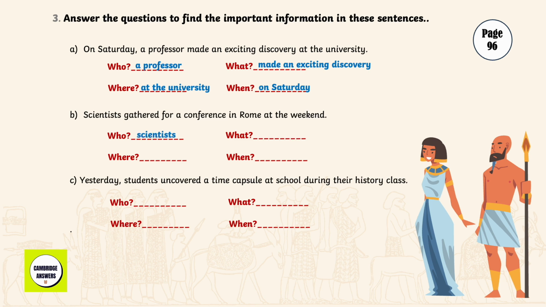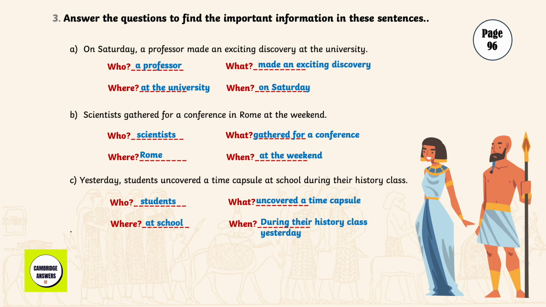Who, scientists. What, gathered for a conference. Where, Rome. When, at the weekend. Yesterday, students uncovered a time capsule at school during their history class. Who, students. What, uncovered a time capsule. Where, at school. When, during their history class yesterday.